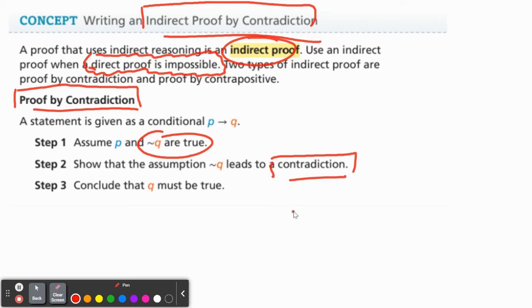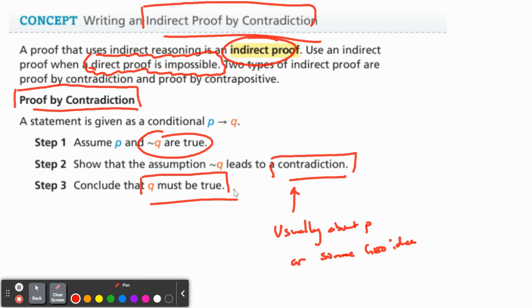And this contradiction is usually about P or some geometric idea, something that we know is a proven idea that it goes against. Once you reach this contradiction, that means that not Q can't be true. And if not Q can't be true, then Q must be true.